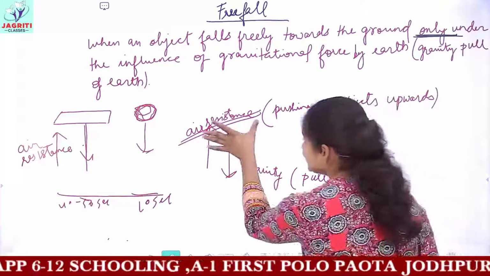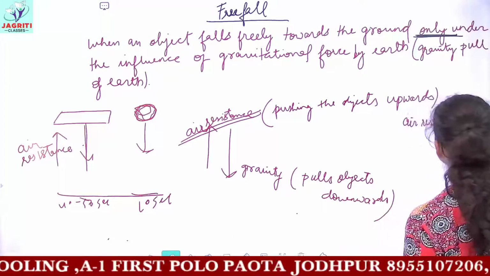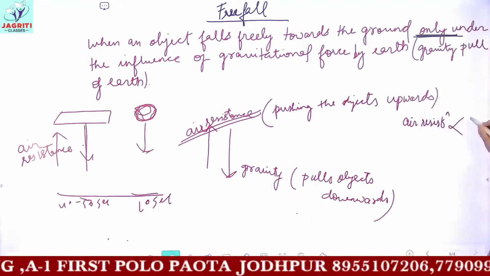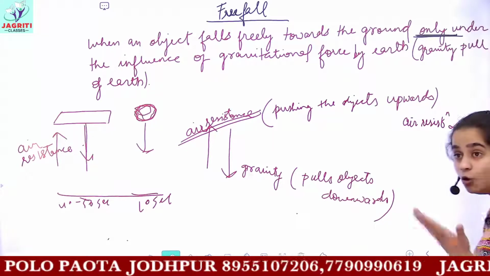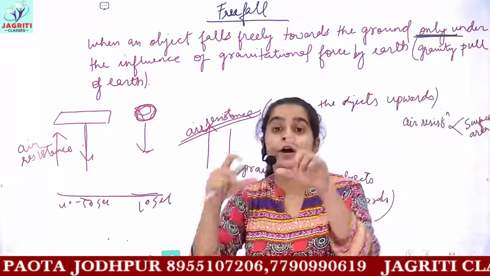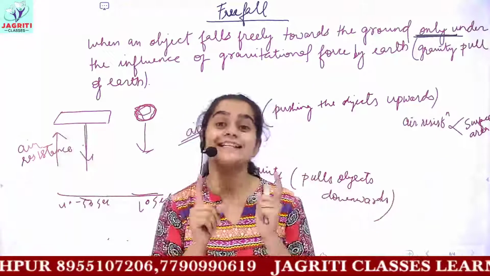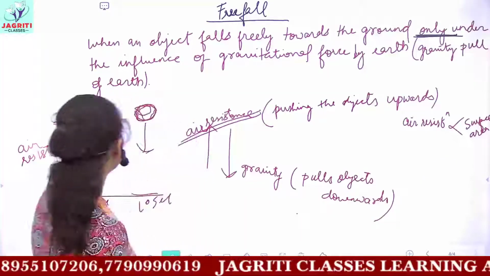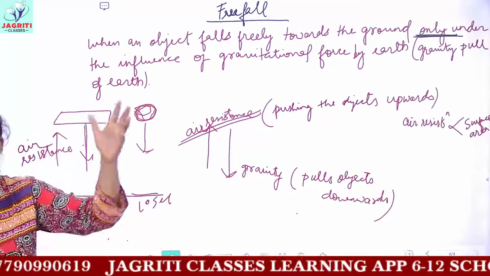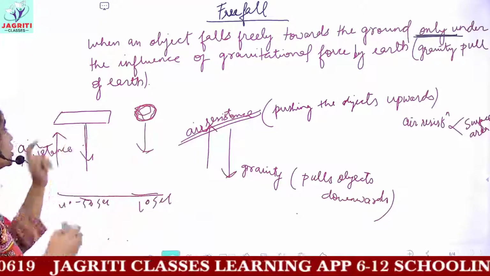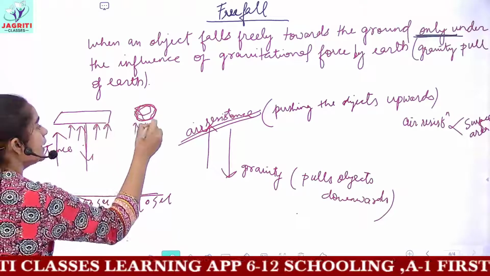More is this air resistance, you can also see this air resistance, it is directly proportional to the surface area of the object. More is the surface area of the object, more the object is in a spreaded form, more air resistance it will get. So because compared to the crumbled ball, the sheet of the paper has a larger surface area, then this sheet of paper experiences air resistance in a higher amount.